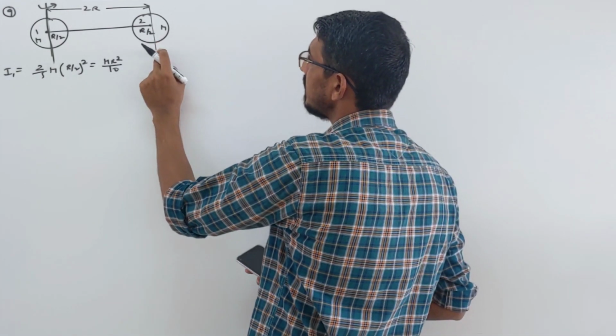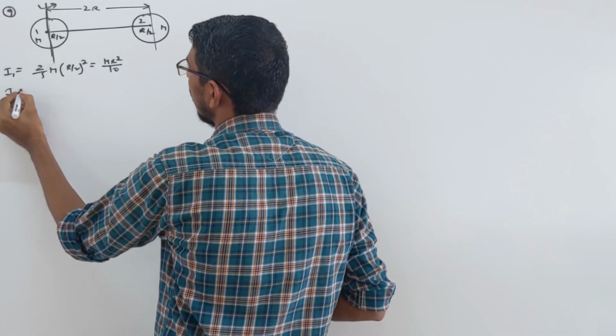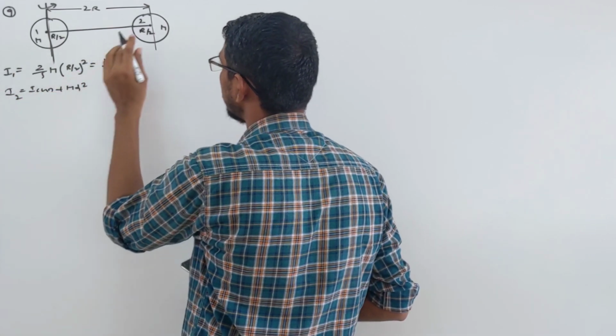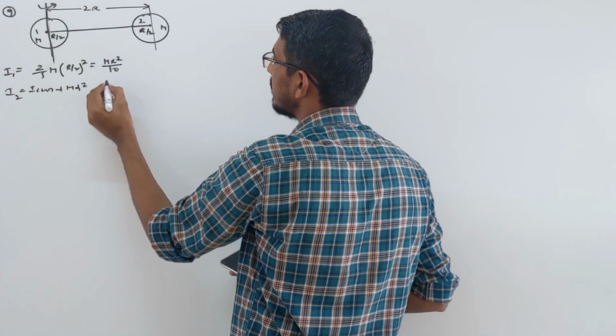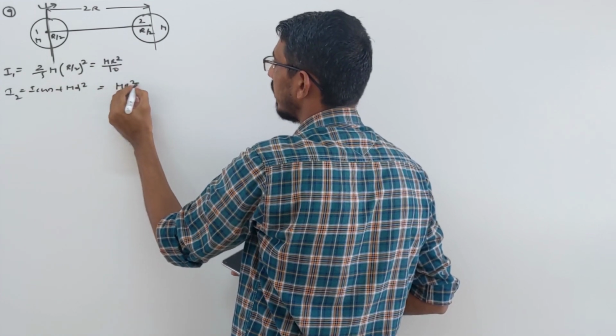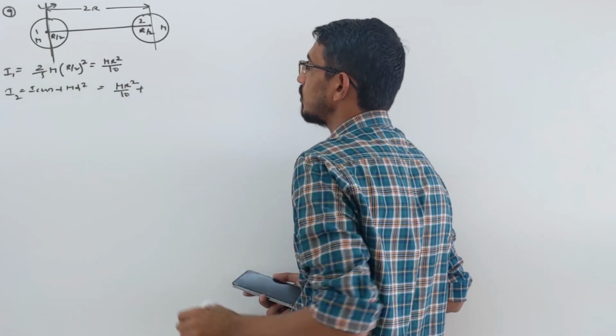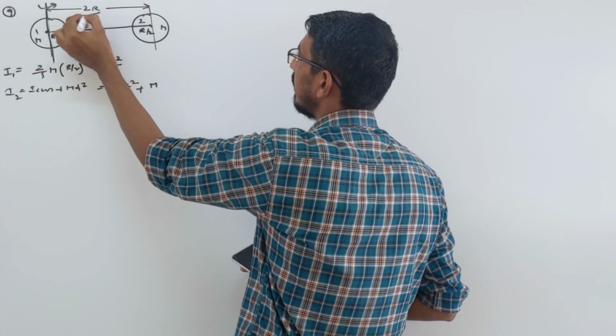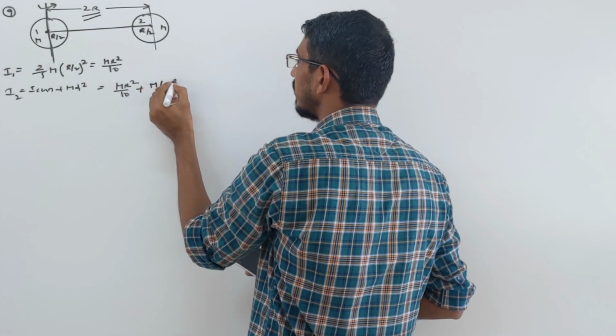Then for this sphere we use the formula I2 is ICM plus md square, because this sphere is rotated about that axis. About center of mass which we have calculated, mr square by 10 only, plus md square. M is okay, d means the distance from this axis to that axis, that's given directly as 2r. So you put 2r square here.